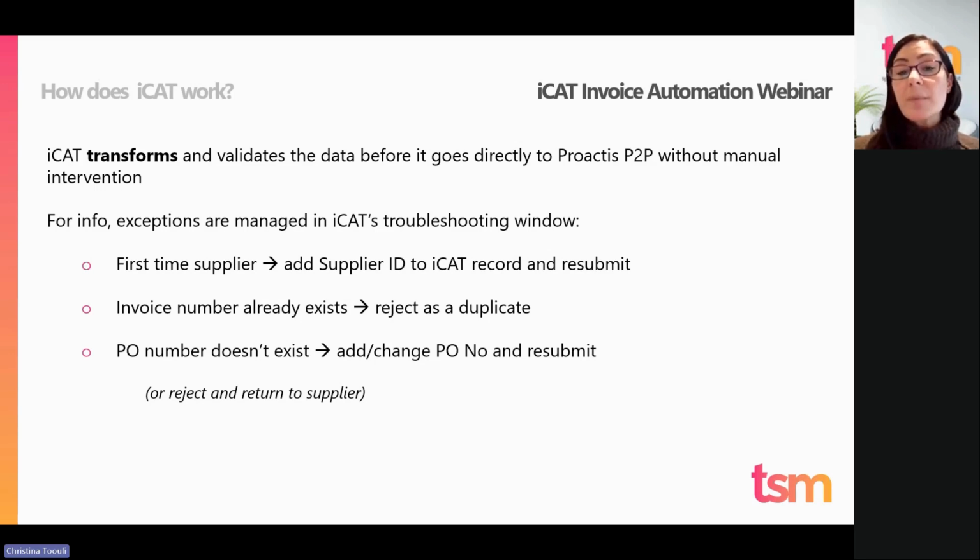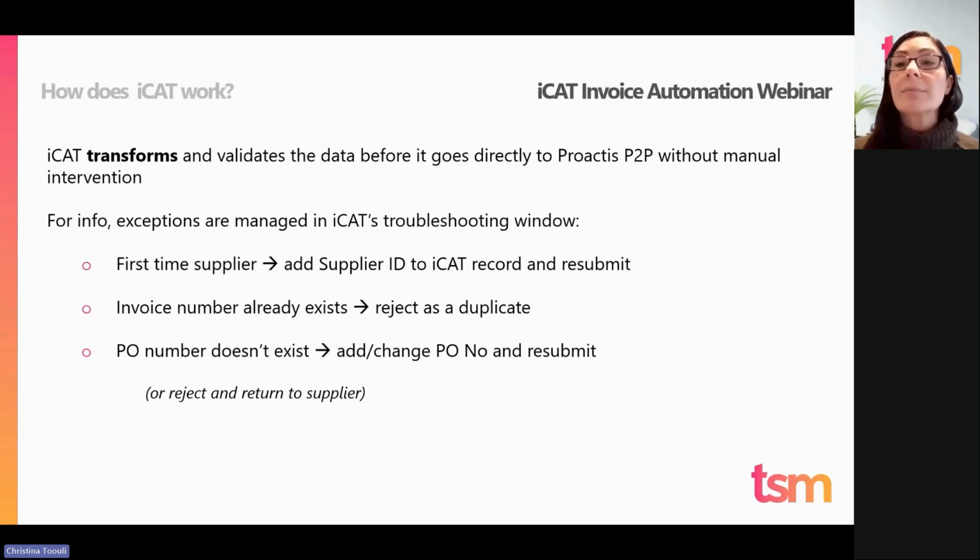And the first time a supplier is used through the utility, there is an iCAT maintenance option that you'll have access to, where you can provide the actual Proactis supplier that this document will link to. So you need to basically just link the relevant Proactis supplier to your supplier's document that's come through. You only have to do that once and then you resubmit it.